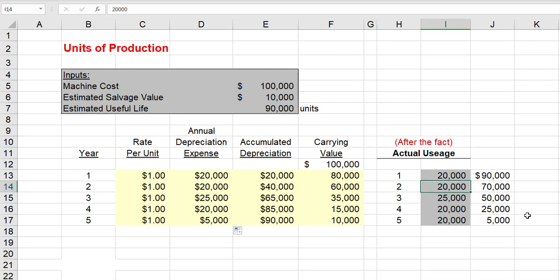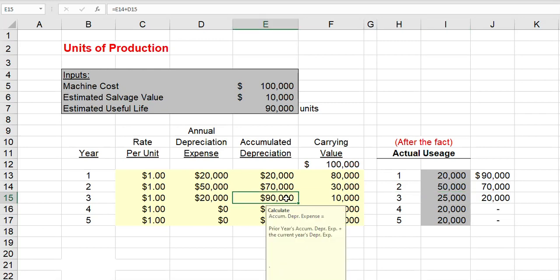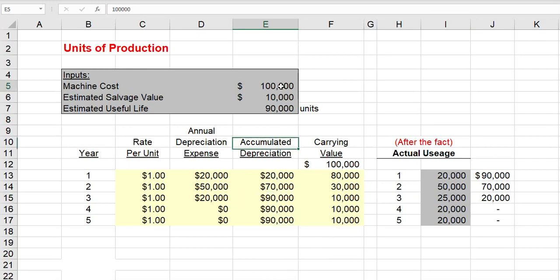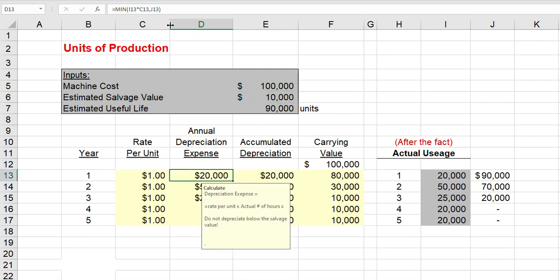Even if I produce 50,000 units in the second year, notice I quit taking depreciation once I've taken the full $90,000 in depreciation expense that I'm entitled to take, because my machine cost 100 and I've got an estimated salvage of 10. Now, what was it that we did right here?